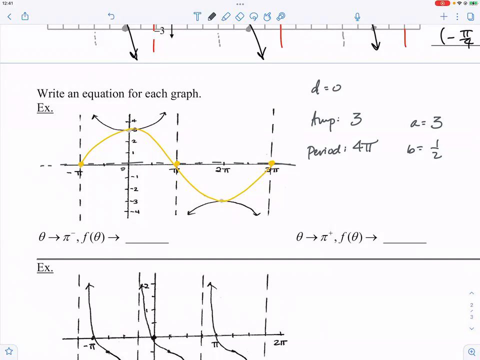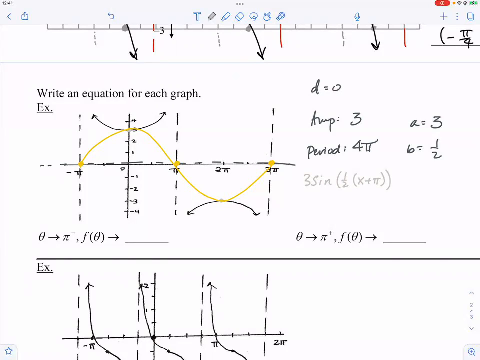You can do that with a sine graph. So you would be writing down 3 times sine, and then 1/2, and then x plus pi.